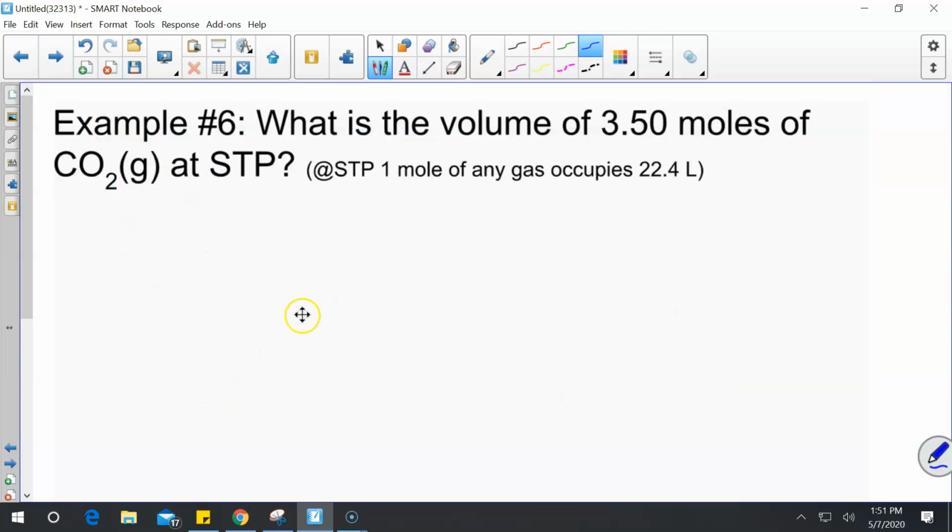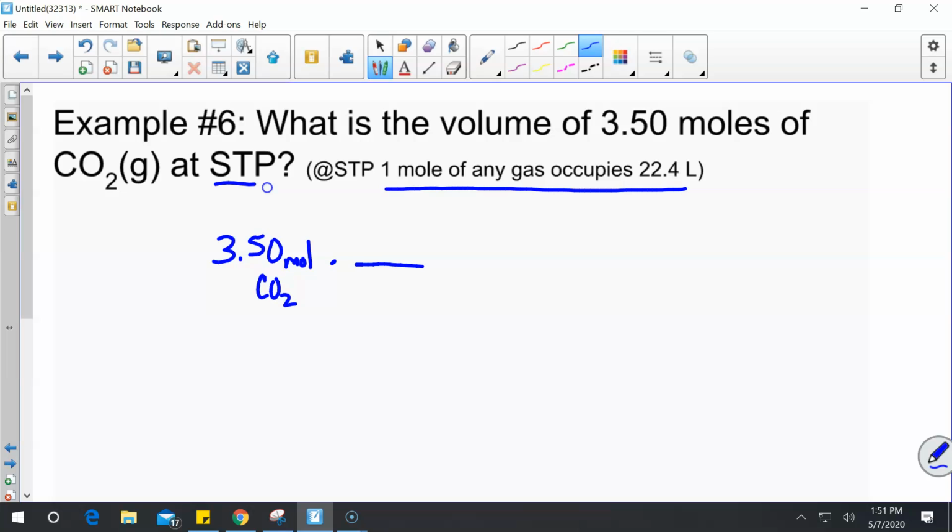So just one more sample. What is the volume of 3.5 moles of carbon dioxide at STP? What's nice about this is we're at STP, so this is our conversion. If I take 3.5 moles of CO2 at STP times the conversion factor, for every 1 mole of any gas there are 22.4 liters, that would be my simple conversion.